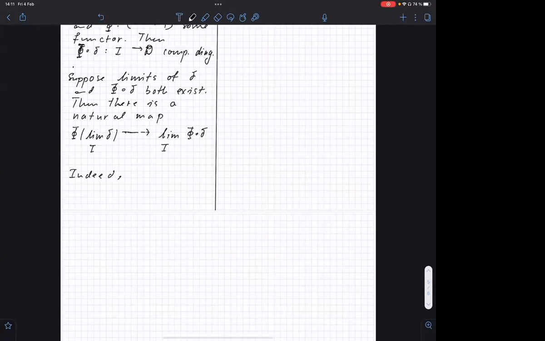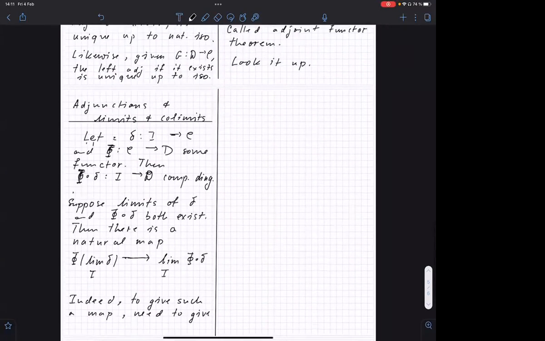To give such a map, we just need to give its components, right? We need to give a, is it a cone or a cocone? So we need to give components.